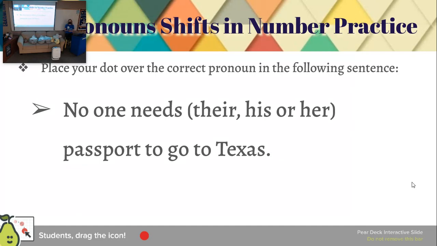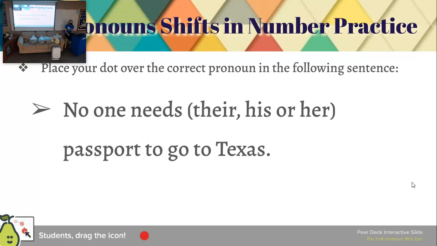We just talked about it. Is "one" singular or plural, Kate? It's singular because it's an indefinite singular pronoun. It's on that little chart with all of your singular indefinite pronouns. Remember I told you if it ends in "one," "body," or "thing," it's singular. So here we have a singular antecedent, which means we need to choose the singular pronoun.